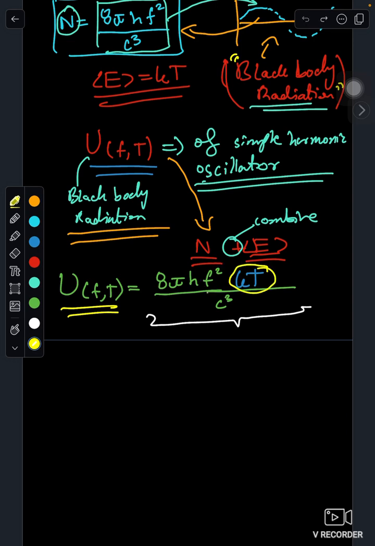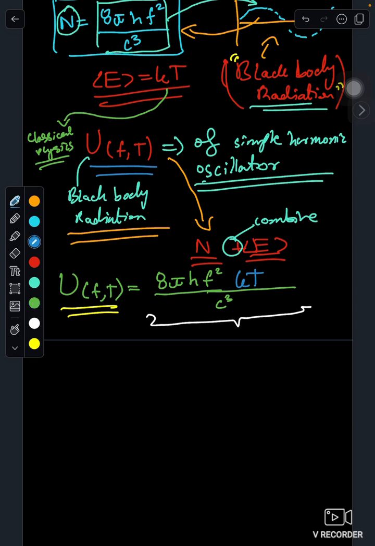One more thing: this energy kT was calculated using classical physics, and this will be a problem later on. How is it a problem?